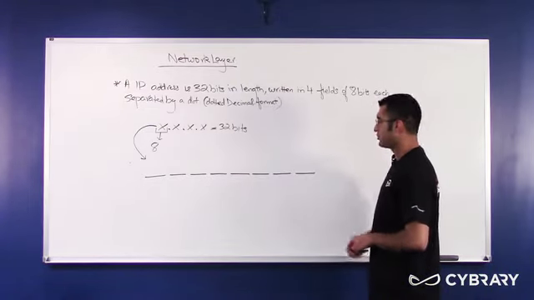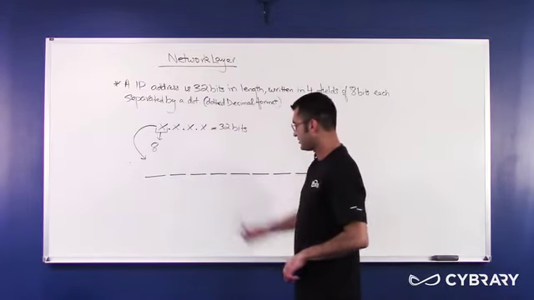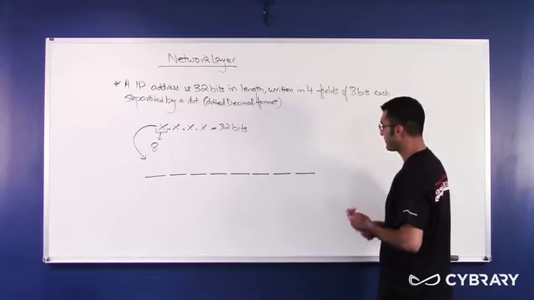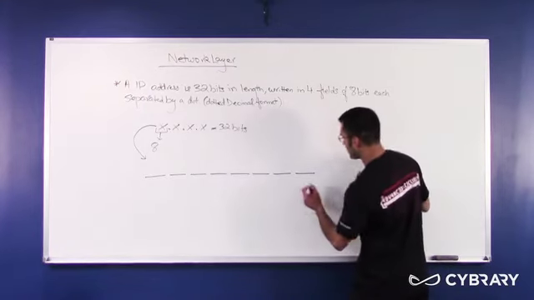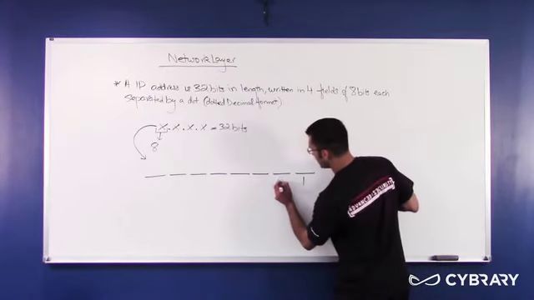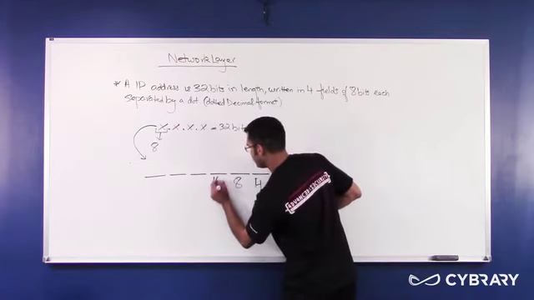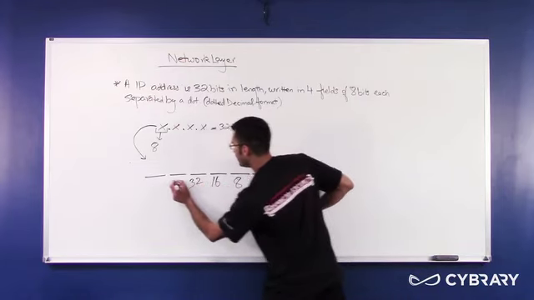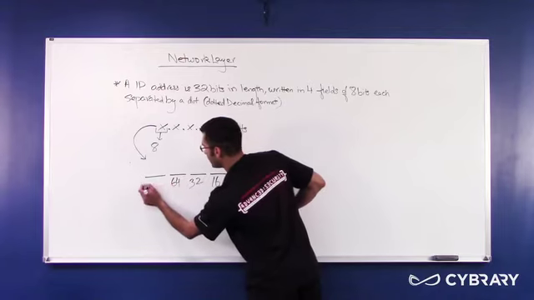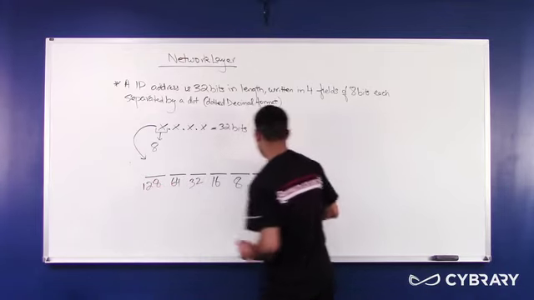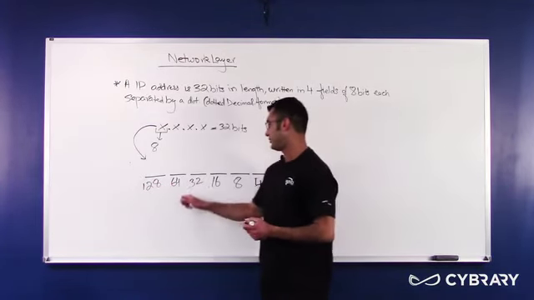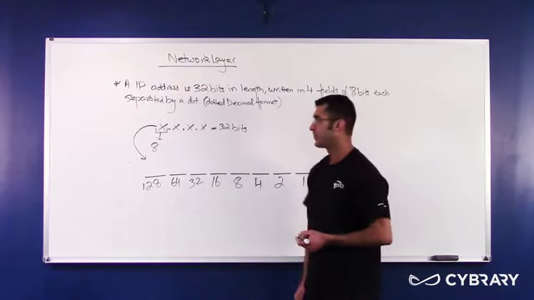And once again, we're going to number these bits with specific values. So you start at 1, you double it, you go to 2, you double it, 4, double it, 8, 16, 32, 64, and 128. So 1, 2, 4, 8, 16, 32, 64, 128.